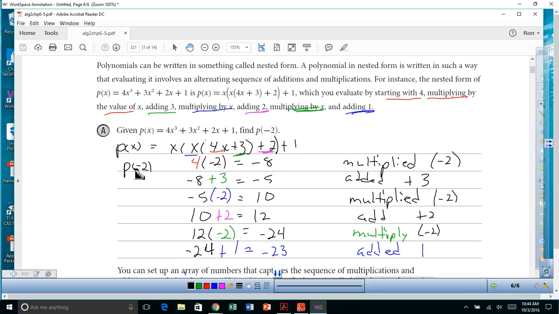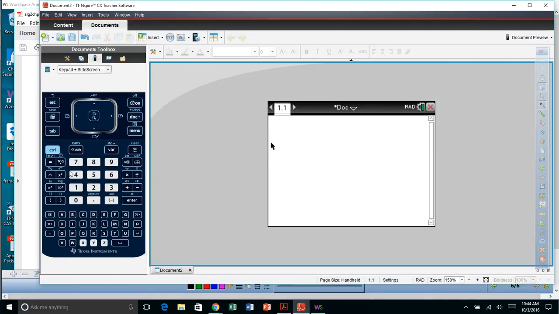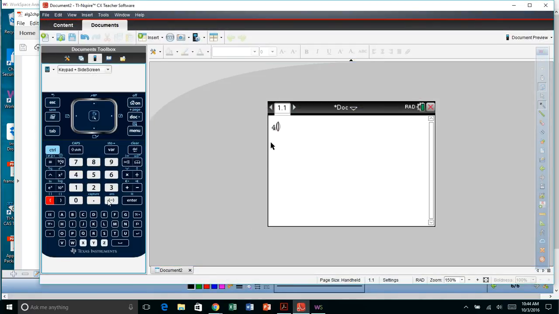Let's try it. Let's put 4x cubed plus 3x squared plus 2x plus 1 in the calculator, substituting negative 2 in for the x.